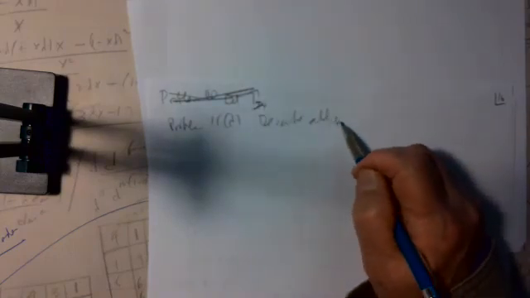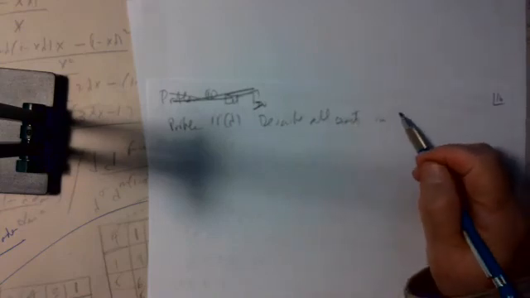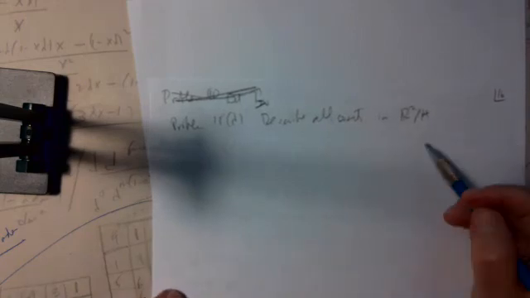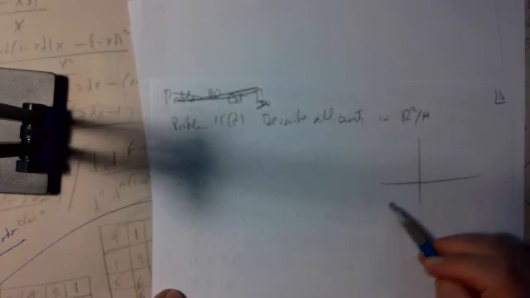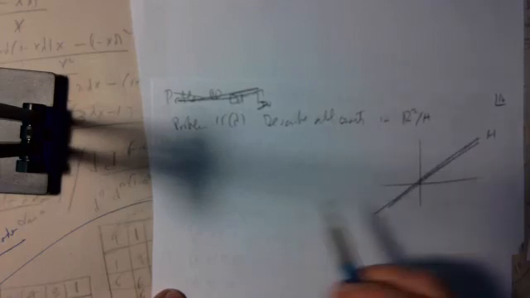Describe all cosets in R2 mod H. So this is H in R2.